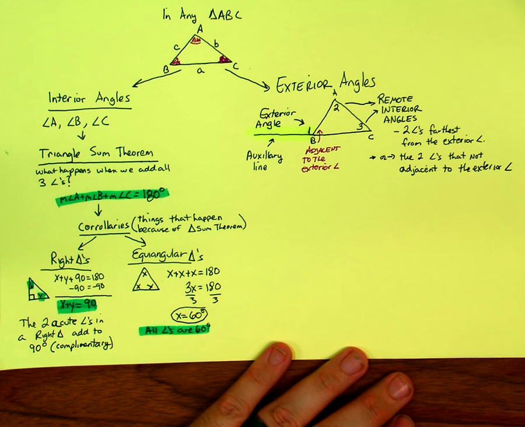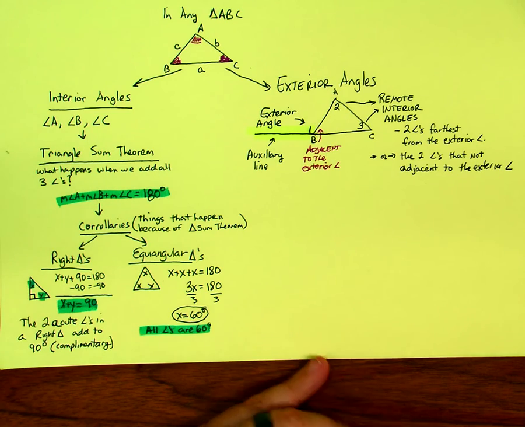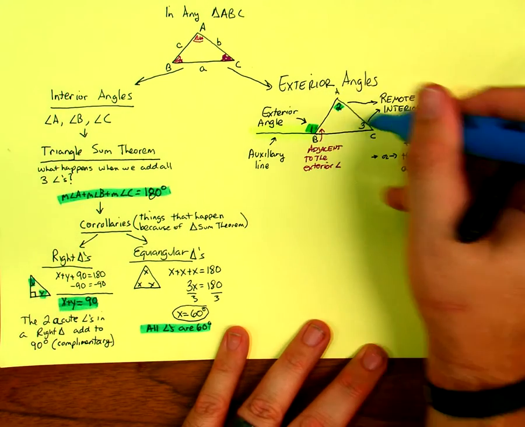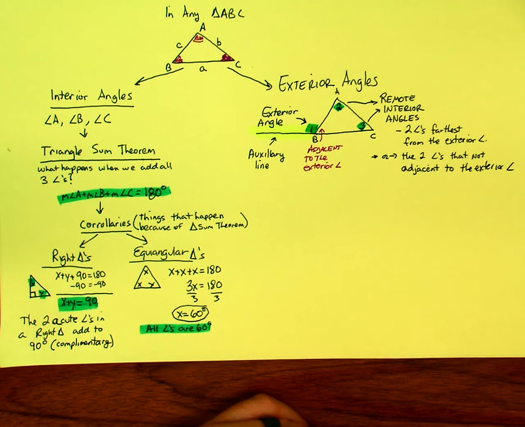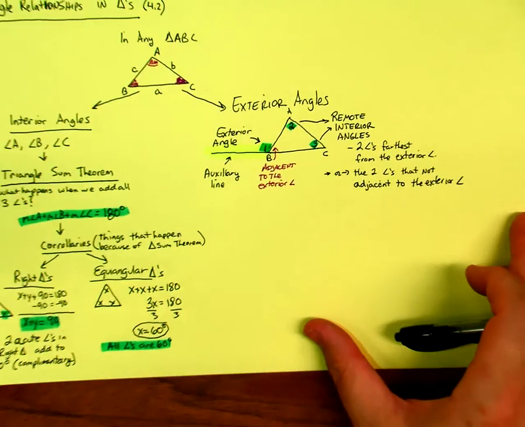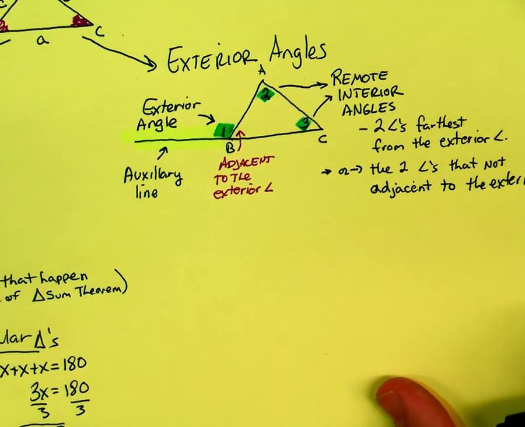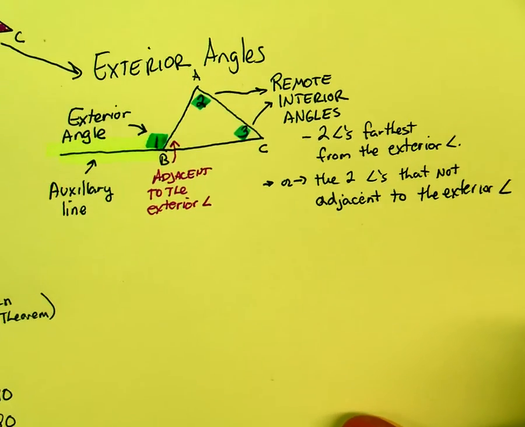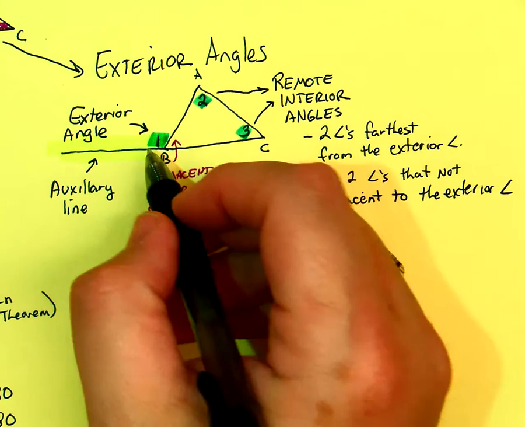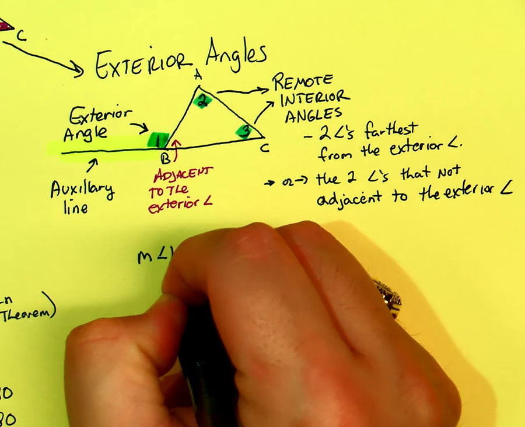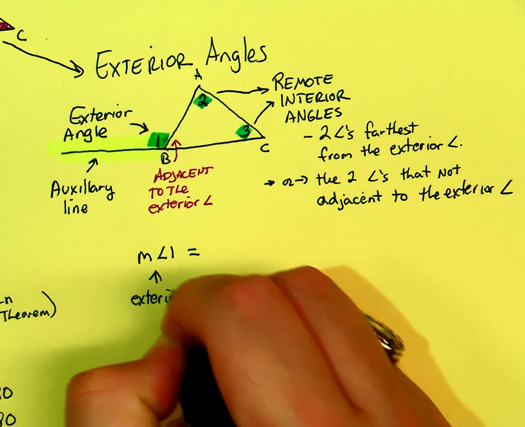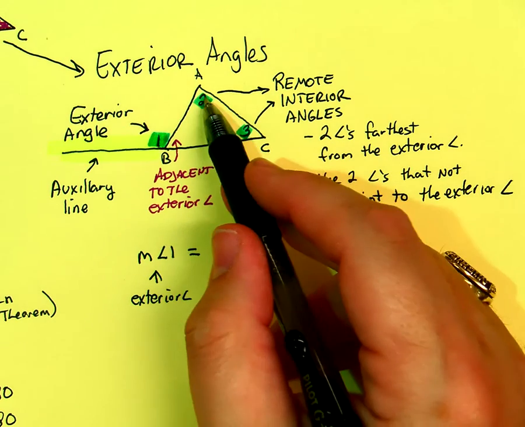So what I'm concerned about is the relationship between this angle and these two angles that are far, far away from it. And like I said, I'm not really proving it yet, because I can prove it. But here's the idea, that the measure of angle 1, so this is my exterior angle, that's going to be equal to, I take these two angles and I add them together.